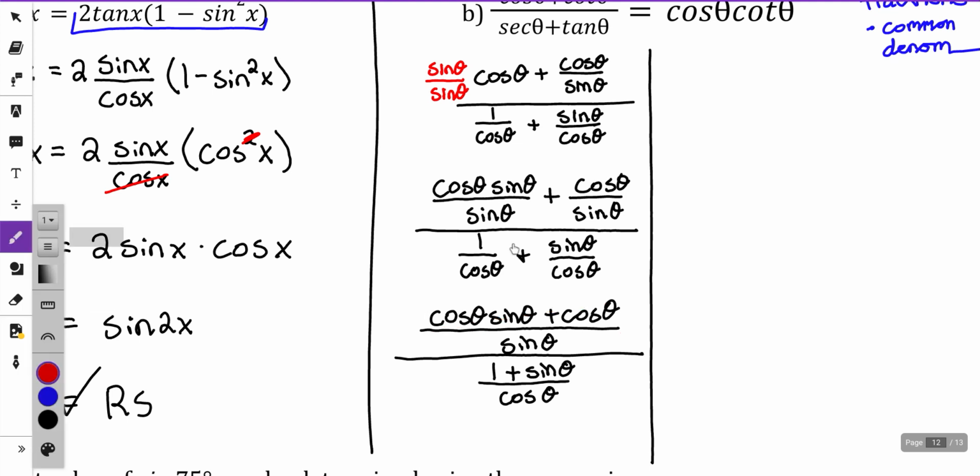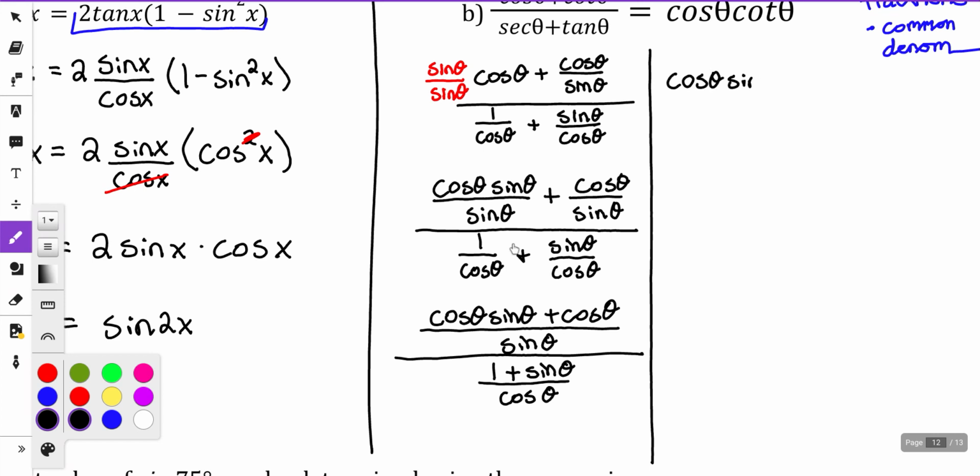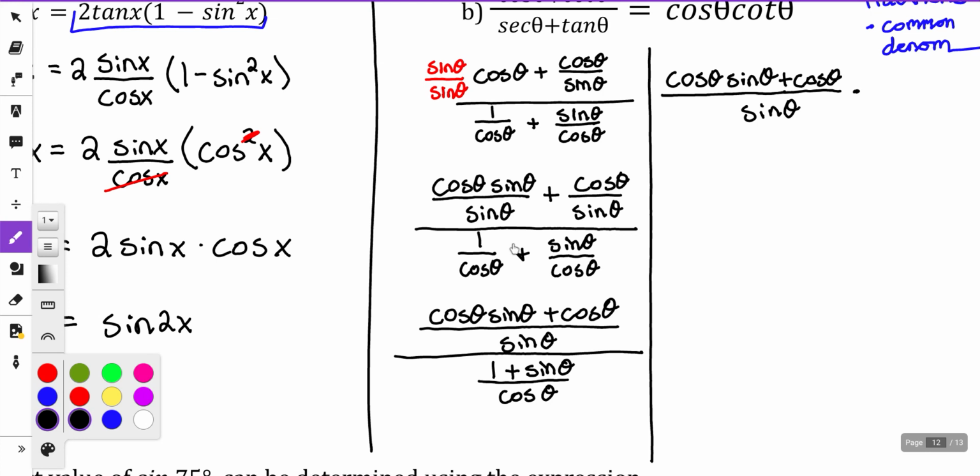Okay, so we're going to flip the guy and multiply, or kiss and flip, which is the way Cooler is saying. So the first fraction is cos theta sine theta plus cos theta, divided by sine theta, multiplied by the second fraction, cos theta over 1 plus sine theta.